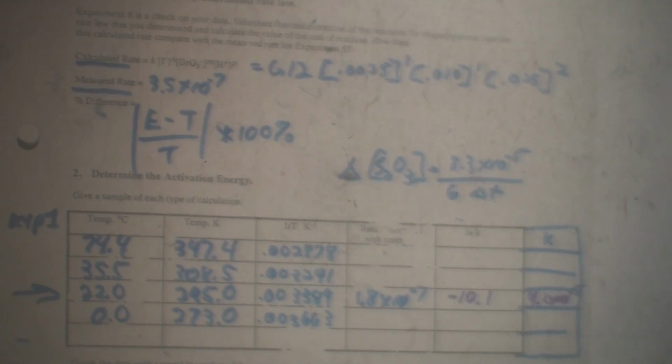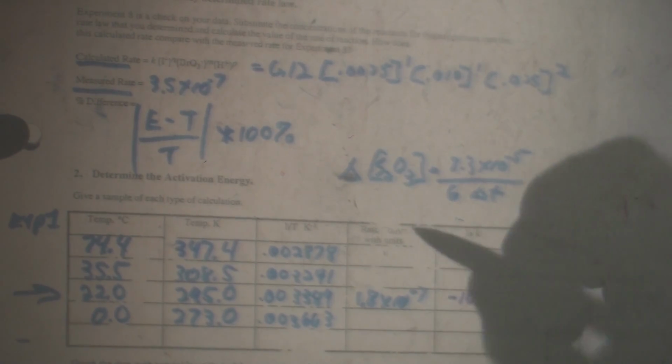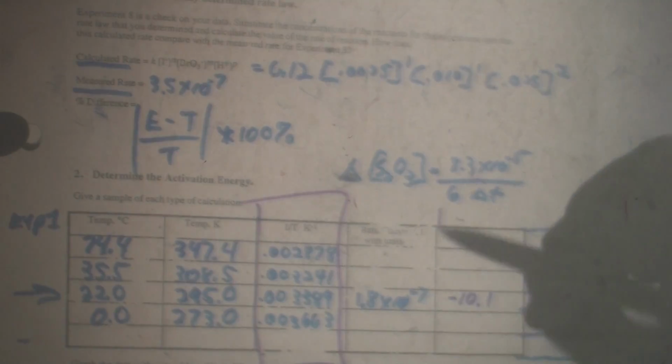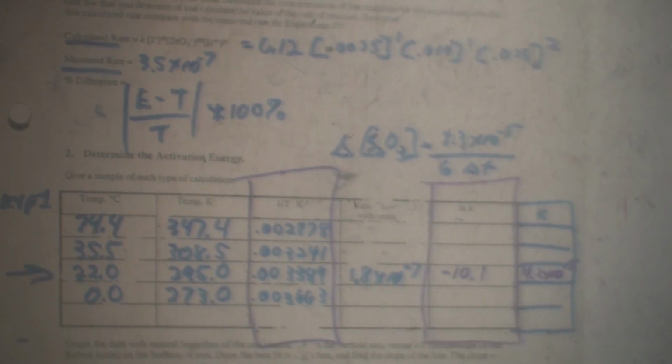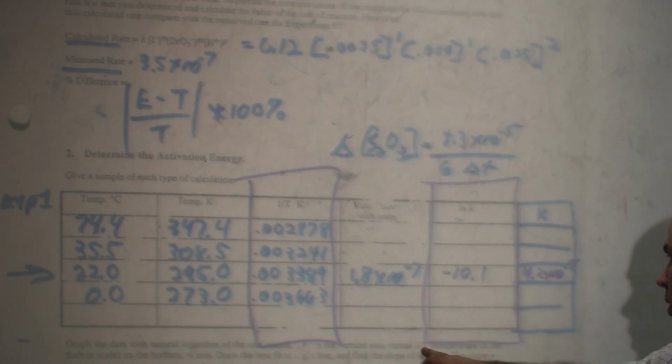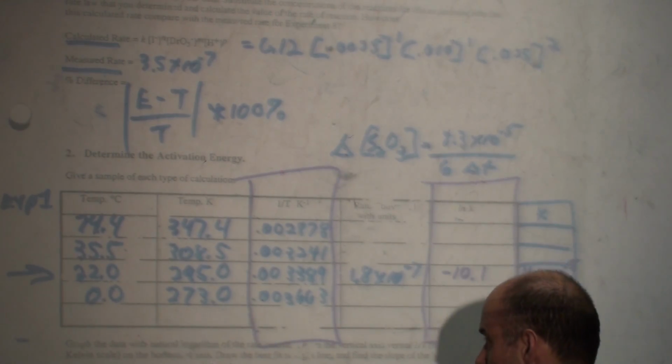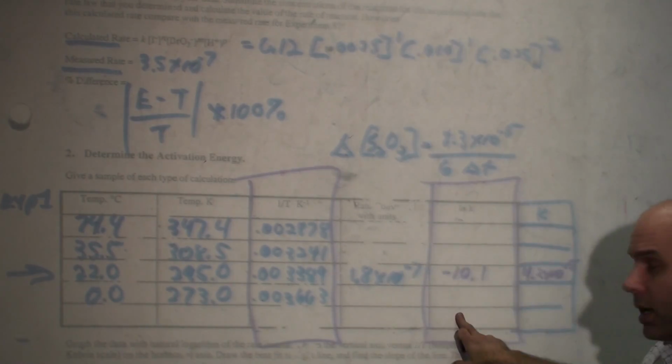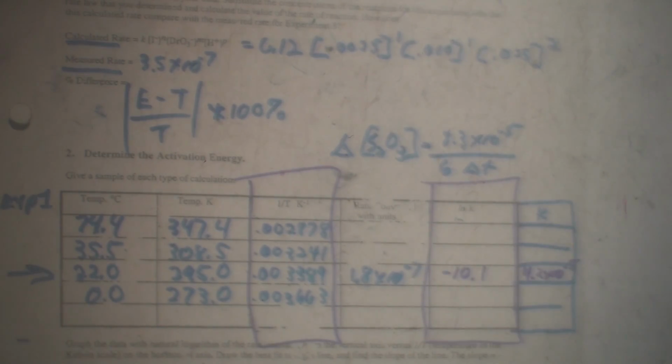And then once you complete those 2 columns, you're going to graph this versus this. So once you have that data table out, you're going to graph this versus this. 1 over T is on the x, and ln of K is on the y. And I think until we have a graph, we're going to hold off.